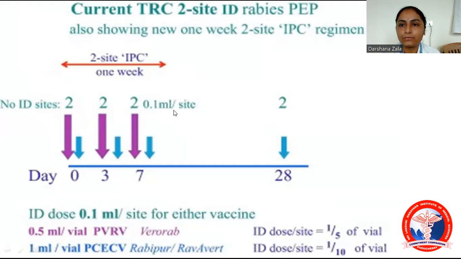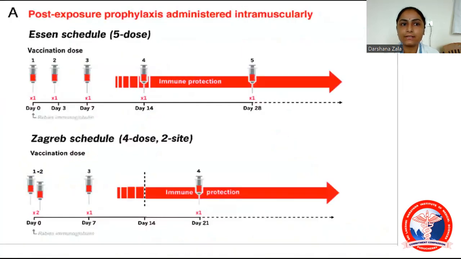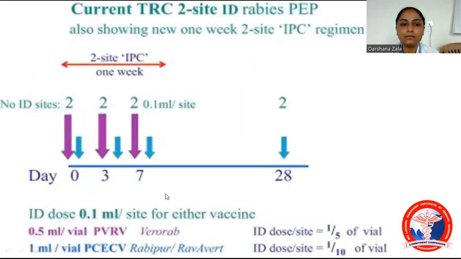But the amount of vaccine, if you see, is less than 2 vials only. There are 4 visits, 2 sites, and the intradermal dose is 0.1 ml per site. So this is the intradermal dosage. We'll quickly summarize the post-exposure prophylaxis: the SN regimen and Zagreb regimen are the intramuscular regimens, and this is the intradermal regimen.